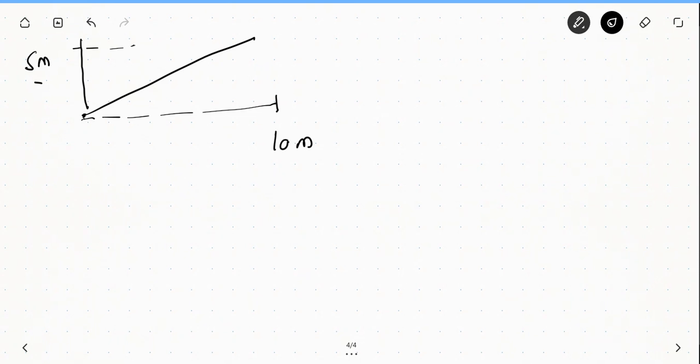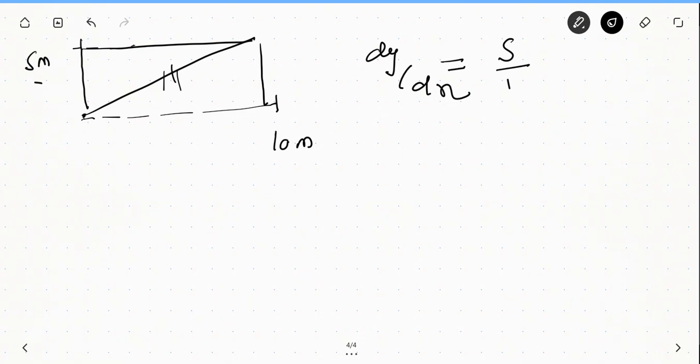Now if someone asks to find dy by dx of this linear line, then what will you get? You will find dy over dx as 5 over 10. Okay, 5 over 10 will be the dy by dx, and it is constant as it goes with the nature of a linear line.